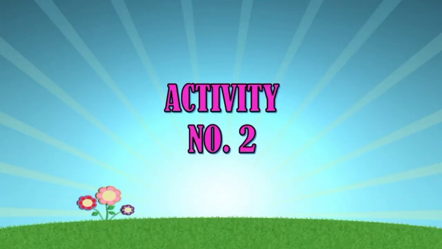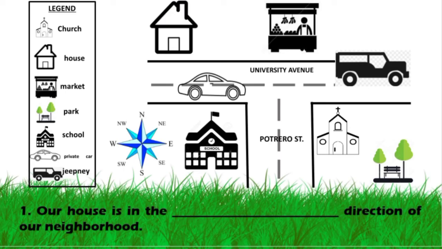For activity number 2, read and study the map. Interpret the map through answering the questions. Remember to use the symbols as legend and the directions in interpreting the map. Number 1, our house is in the blank direction of our neighborhood.